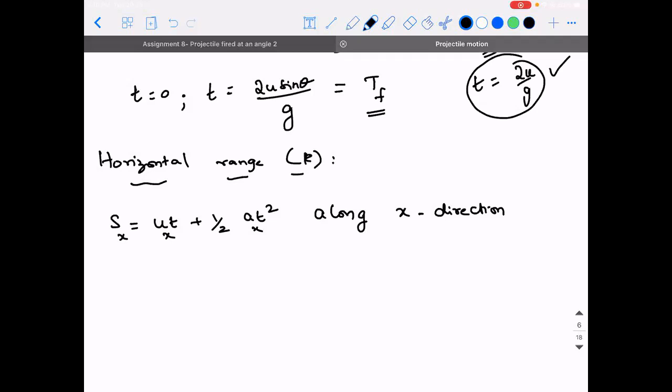Right? So what is the displacement of the particle in x direction? It is R. What is ux? Ux will be u cos theta, into the time taken by the particle to go from O to B. What is the time taken by the particle to travel from O to B?